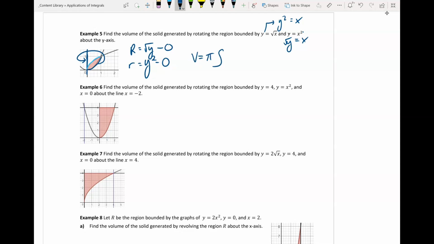Our bounds, we're looking from the lowest y value to the highest y value, so that's from 0 to 1. Then we have big R squared, in other words just y, minus our little r squared, dy. Put this into the calculator, this will be 0.942.